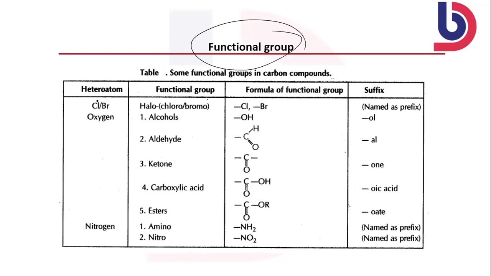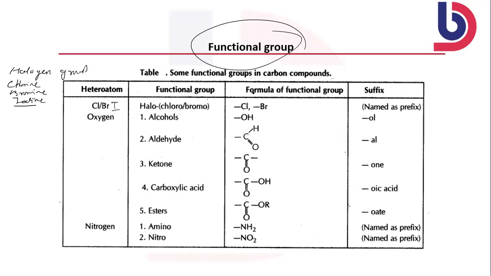So the first functional group is the halogen group, and it has chlorine, bromine, and iodine.